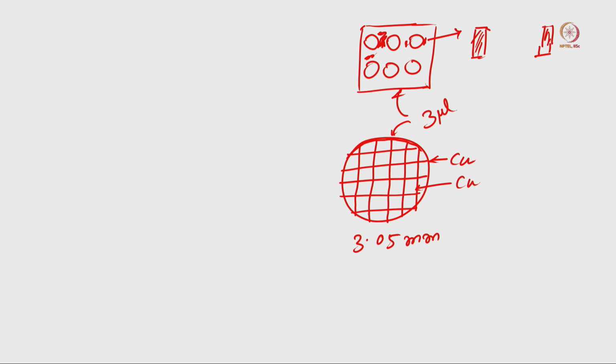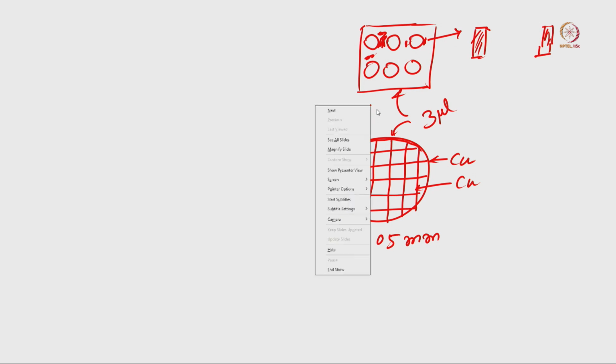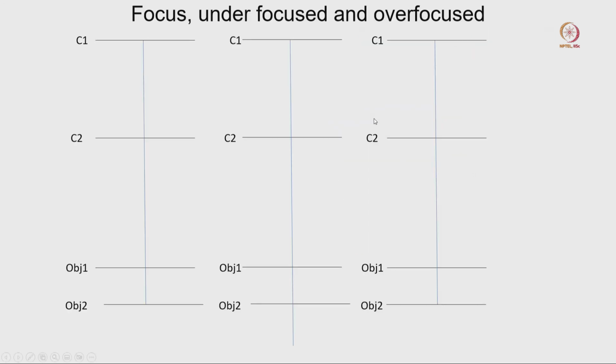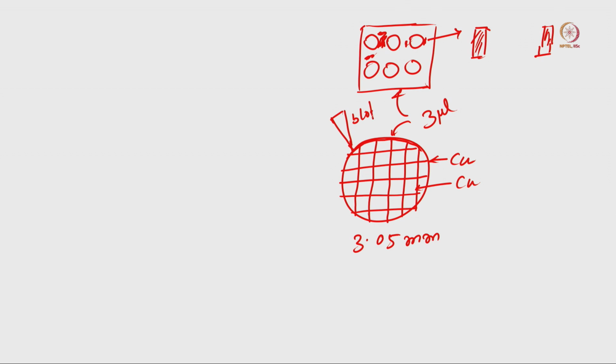Then we use a blot paper to blot the extra buffer. Generally the blot paper comes from both sides of the grid and blots the excess buffer solution, so that a small amount of solution stays inside this hole.